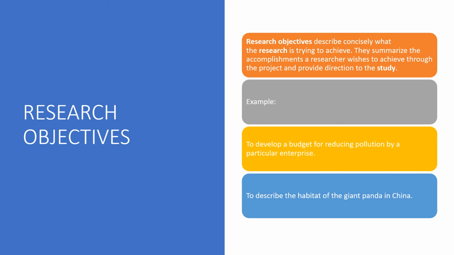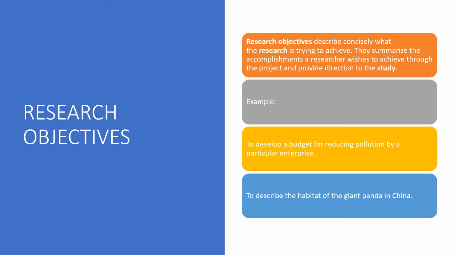After writing down the problem statement, we give the research objectives. Although this topic has already been covered, just for the revision's sake, research objectives describe concisely what the research is trying to achieve. They summarize the accomplishments a researcher wishes to achieve through the project and provide directions to the study.